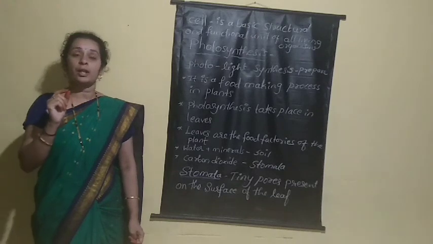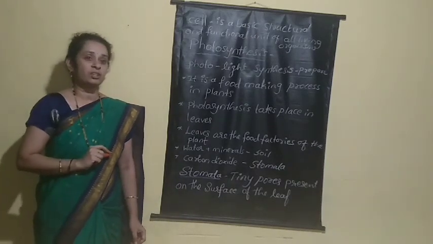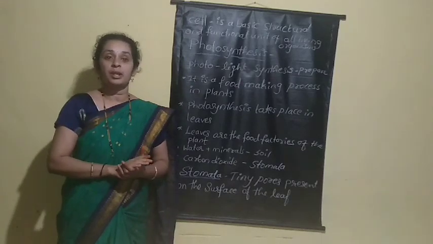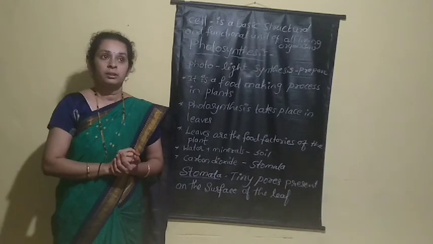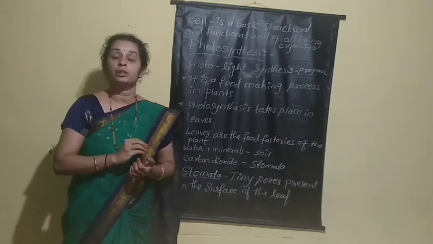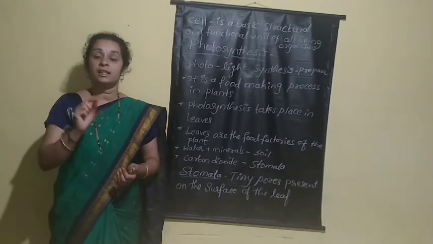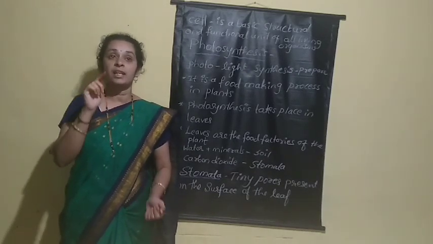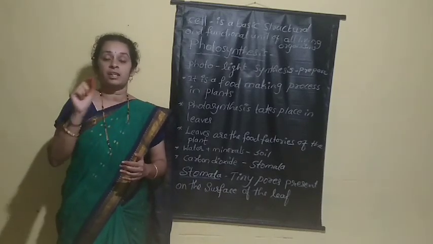Then they require a very important raw material, that is carbon dioxide. They obtain carbon dioxide from the atmosphere. But how does this carbon dioxide enter the leaf? Leaves have small tiny pores on the surface.